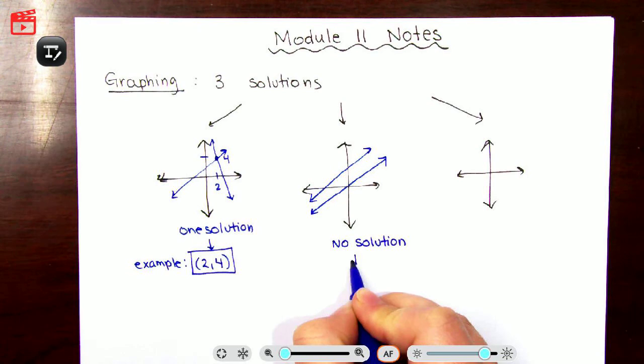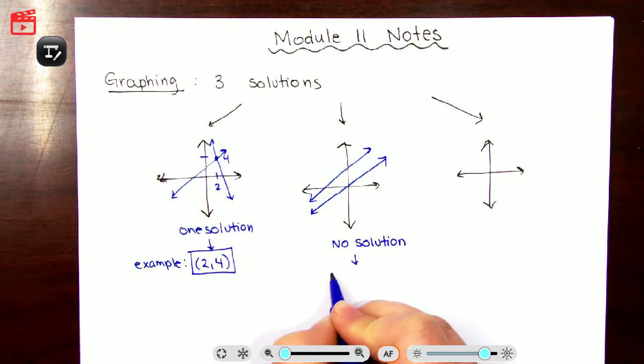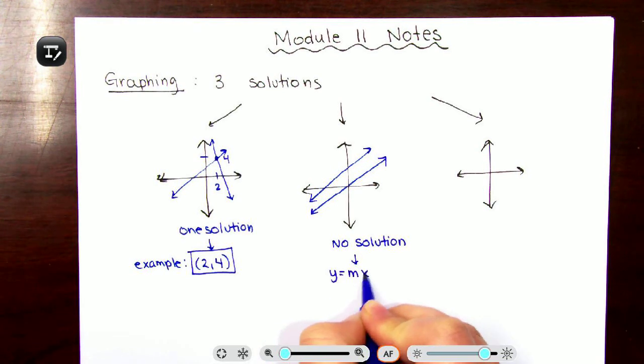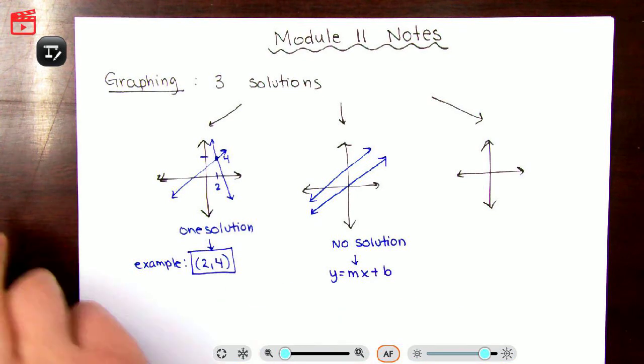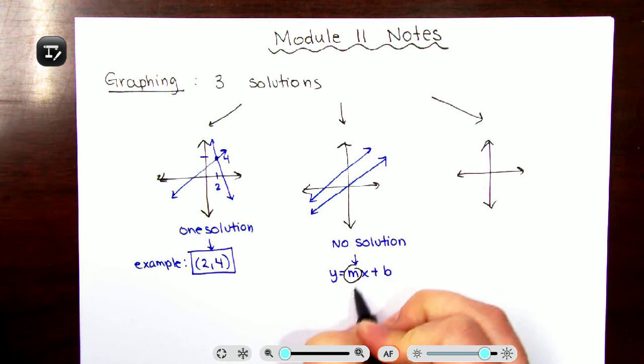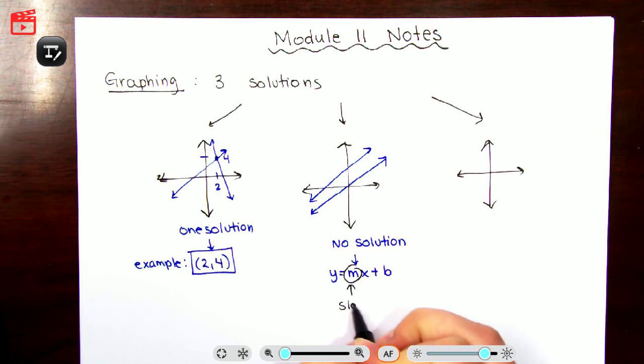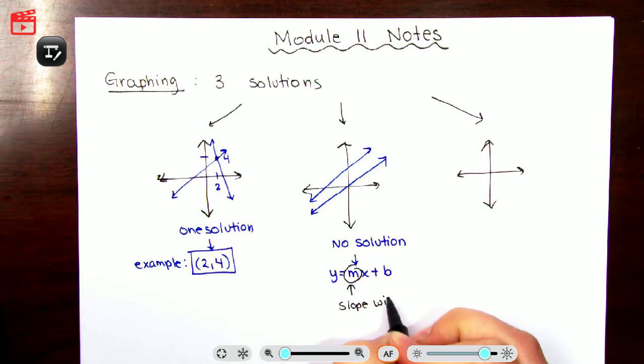What's really great about these is that if you have them in y equals mx plus b form, your slope will be the same in both equations.